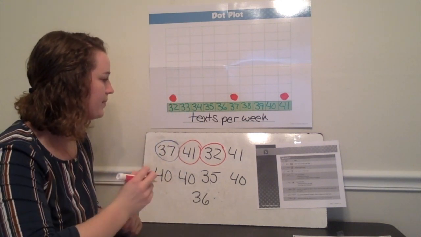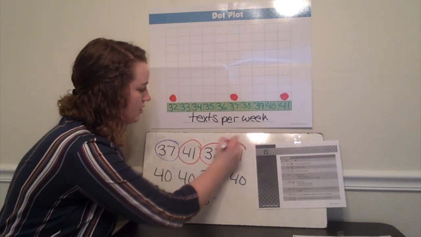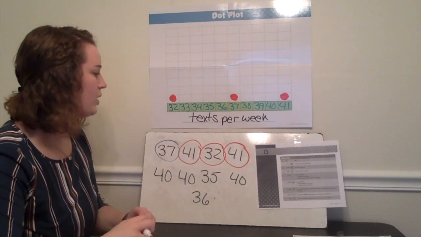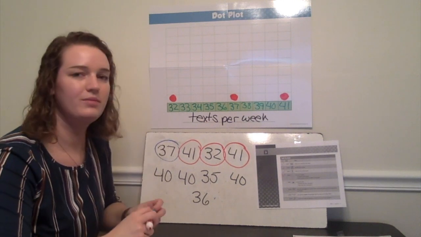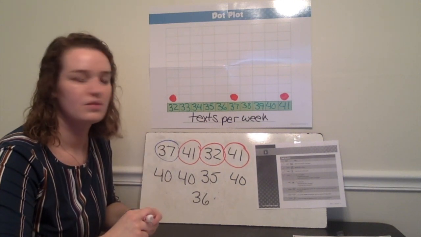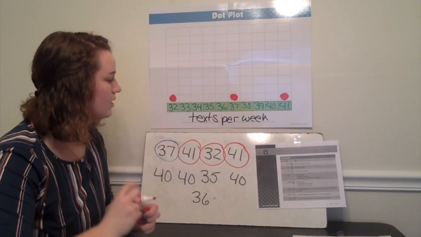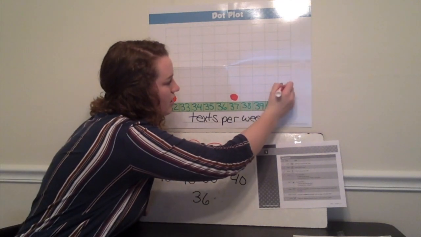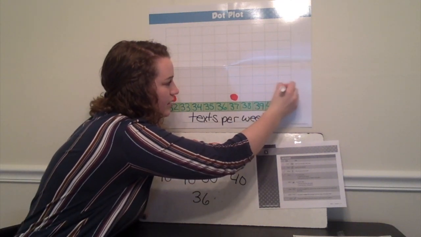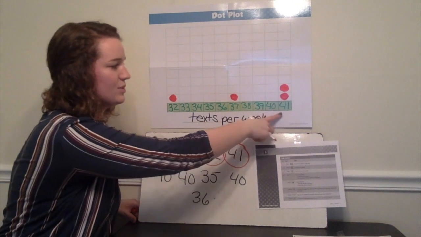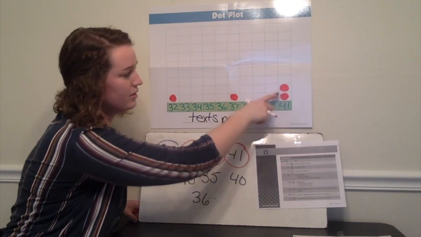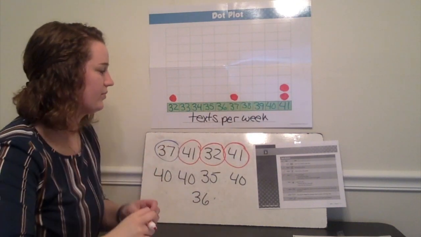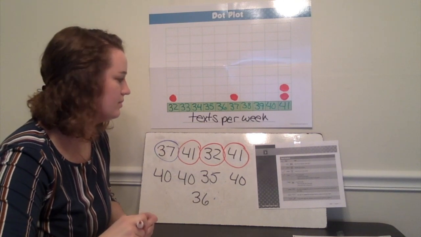All right. Next is 41 again. So you'll find 41, and we're going to put a dot right above 41. So now how many dots do we have above 41? We have 1, 2. All right, good.